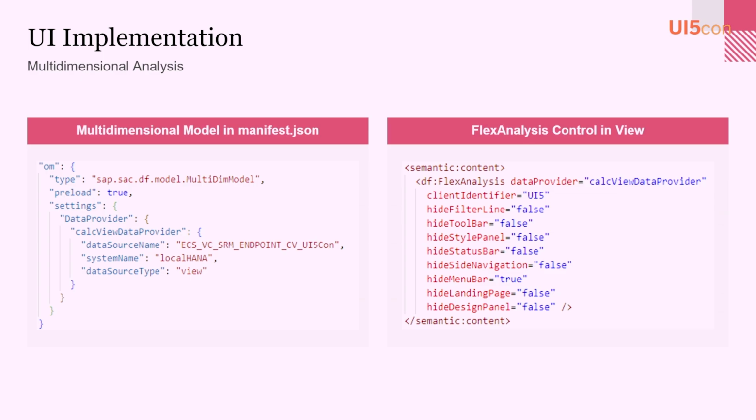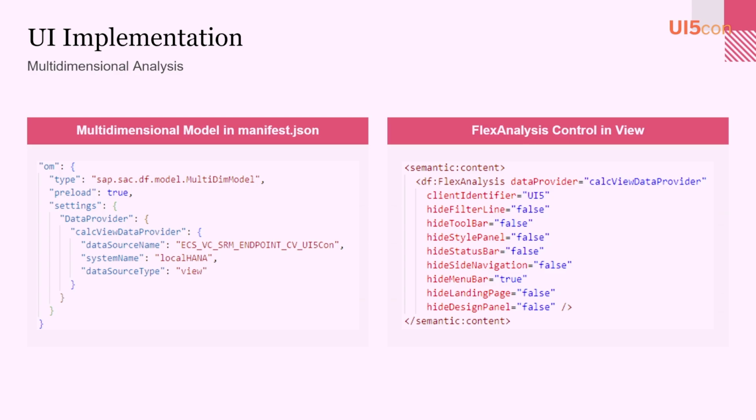And you have to give a name to your data provider. That's the connection to the INA protocol. We called it here the CalcView data provider, so that's the name we give it. And you have to give the CalcView name you want to use. In our case, it's a HANA system, and we have a view behind it. So that's all you have to do in the manifest.